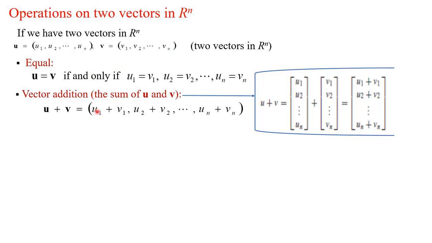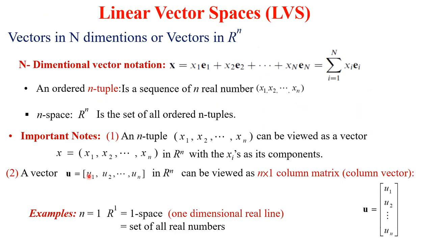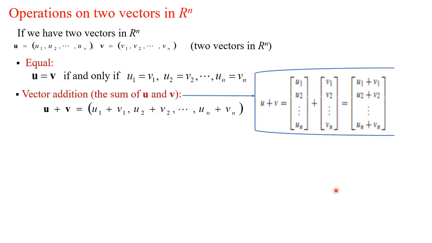Now this vector addition is very simple when we write our vectors in column notation, as we discussed here, that an n-dimensional vector can be represented by a column vector. If you represent your vector with a column, then operations with those vectors become very simple. Here we are adding these two vectors u and v.